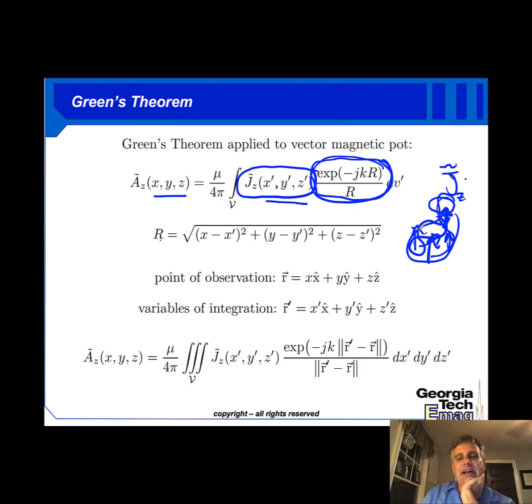So by doing that, we can superimpose all the contributions and figure out what is A sub z at the point of observation x, y, z. Because these problems get a little bit hairy, I adopt the following notation. X, y, and z, without any adornment or primes or subscripts, denote the point of observation.